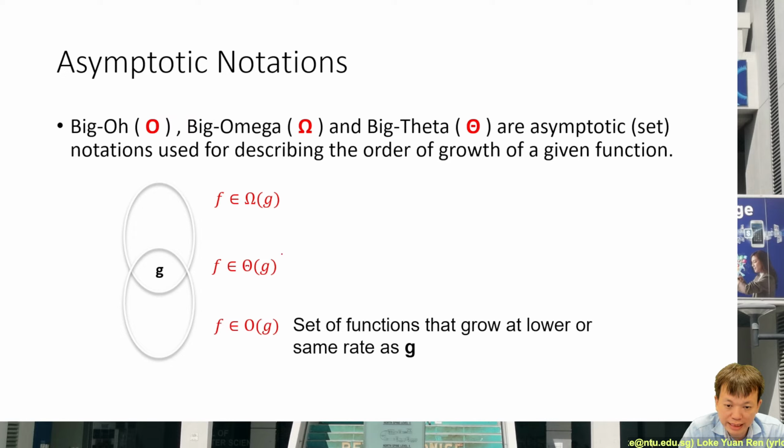So big O notation is a set of functions. That means there are a lot of functions that grow at a lower or same rate as g. Let's say, for example, g is a linear function. Whether I can switch to another mode.